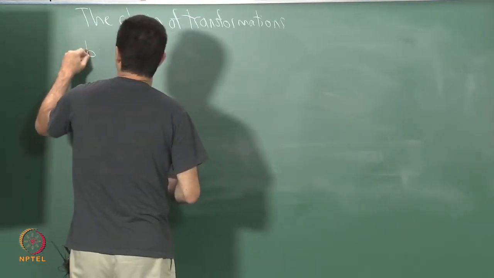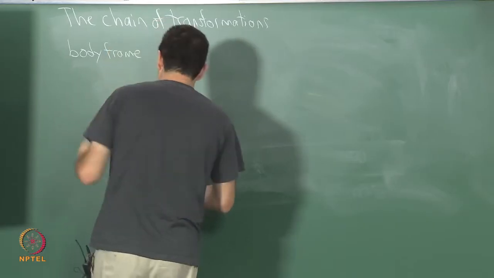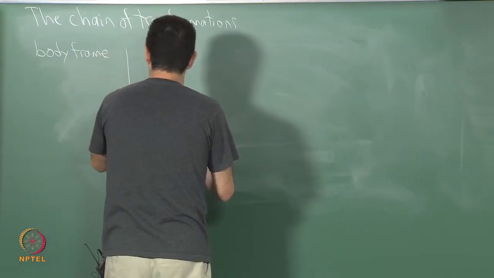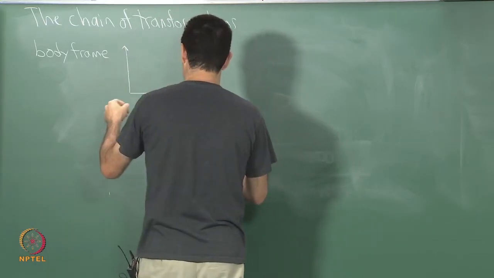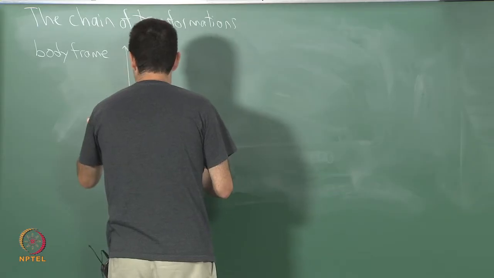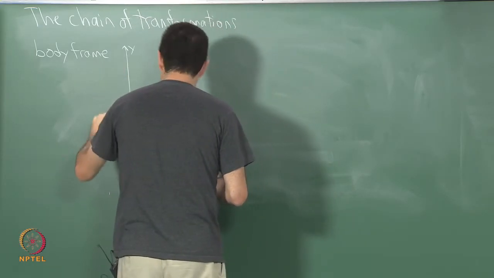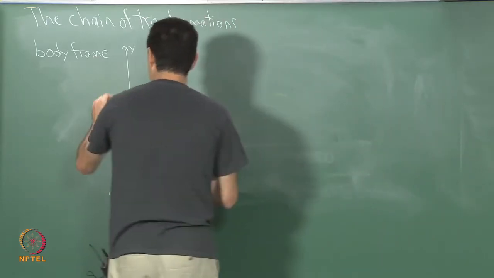So we talked about the body frame as the way of expressing our movable models. Somewhere in this body frame I'll write X, Y, Z. I have some kind of object appearing here.